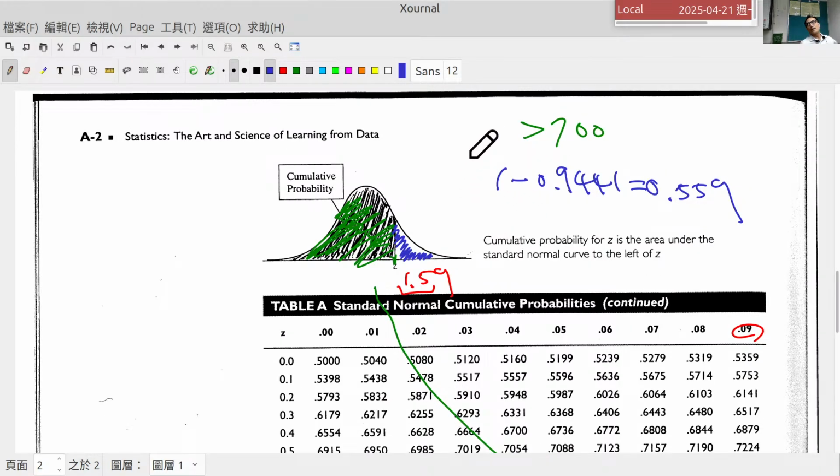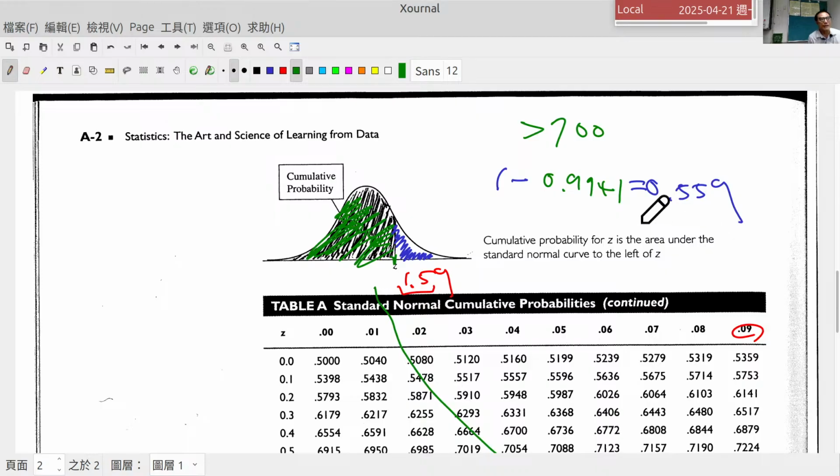The total probability is 1. 1 minus the green area, and we got the number 0.559. That's our answer. Is it okay?